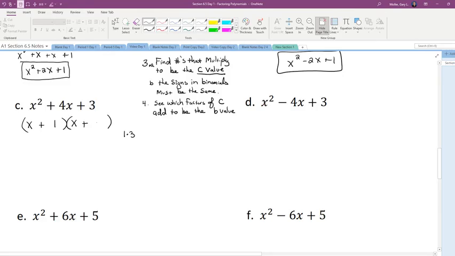Doesn't matter which order you put it in, x plus 1 and x plus 3, or x plus 3 and x plus 1 should all still multiply together. Quick check, x squared plus 3x plus x plus 3, 3x and x make 4x. We're good.